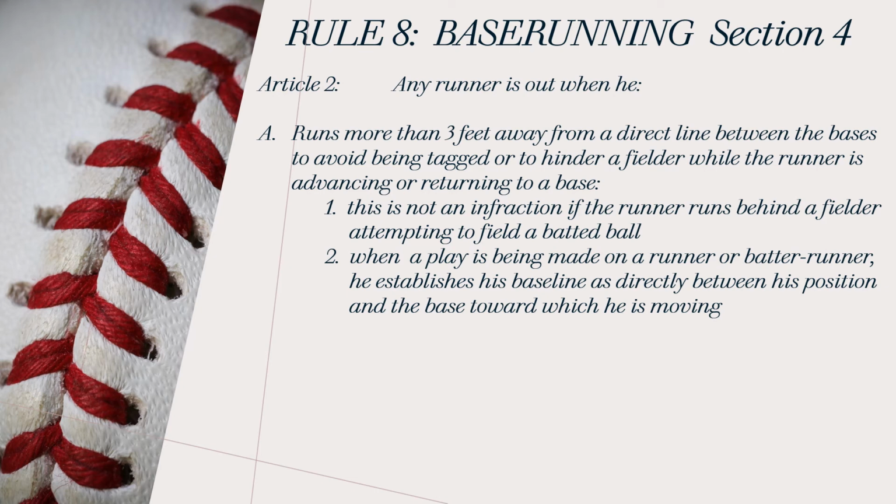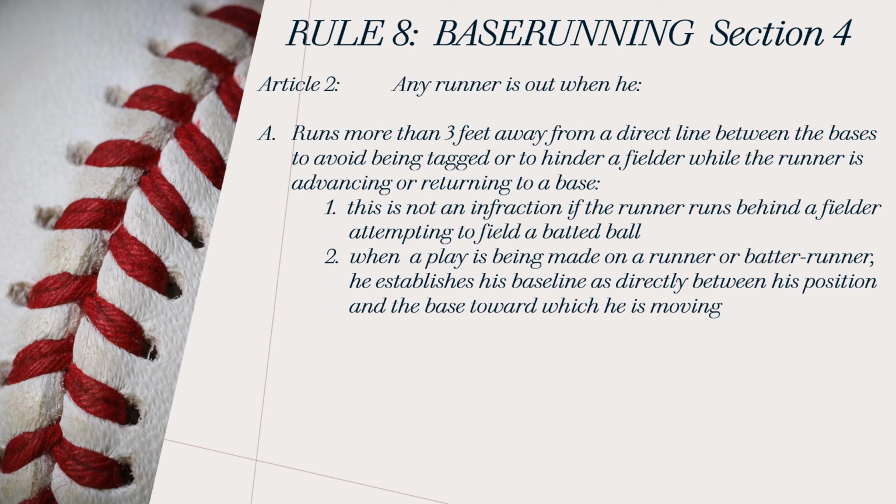So if the fielder has the ball and he makes a step toward the runner and then he reaches, typically with the glove hand, that's a good rule of thumb to judge if he's 3 feet outside that running line. A step and then a reach for high school players is a good starting point, good rule of thumb for that 3 feet running line.